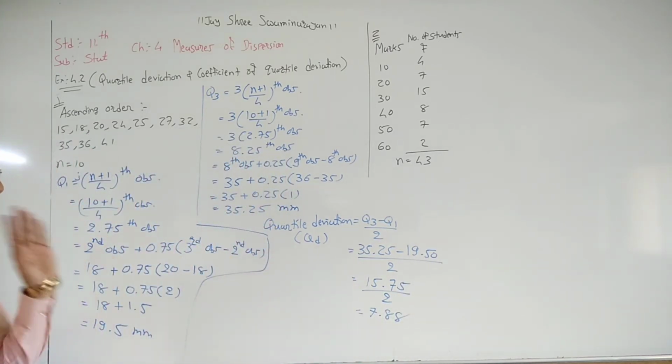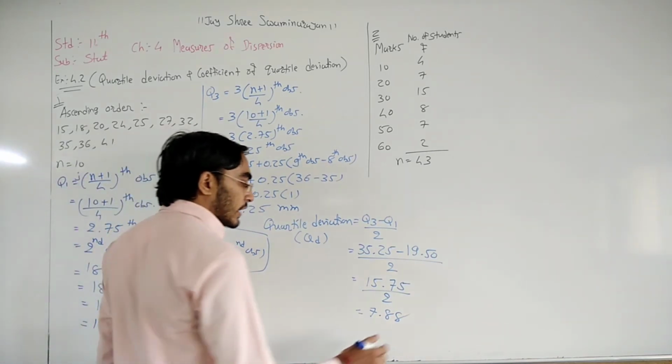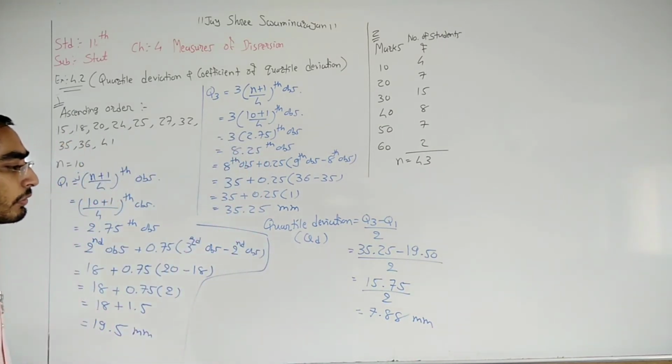So our answer of quartile deviation is 7.88, and here we need to write the unit. It is mm. So 7.88 mm.